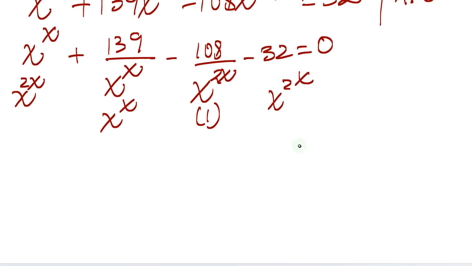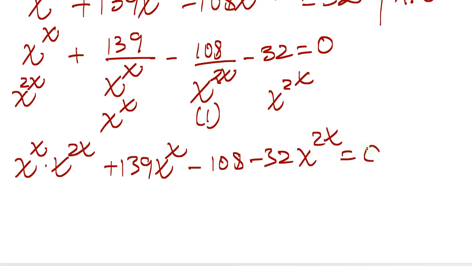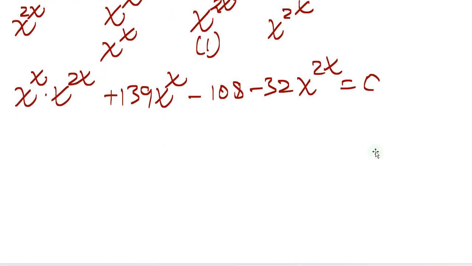So multiplying these, we're going to have here x to the x times x to the 2x, and then plus 139 x to the x, and then minus 108, and then minus 32 x to the 2x, and then this is equal 0.